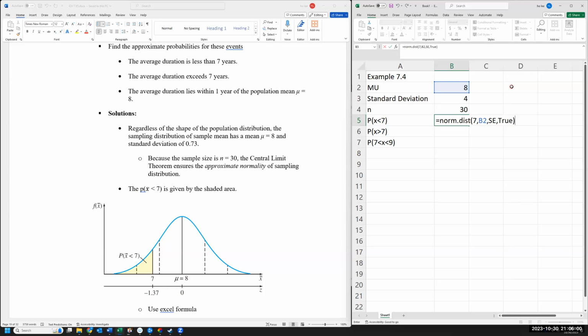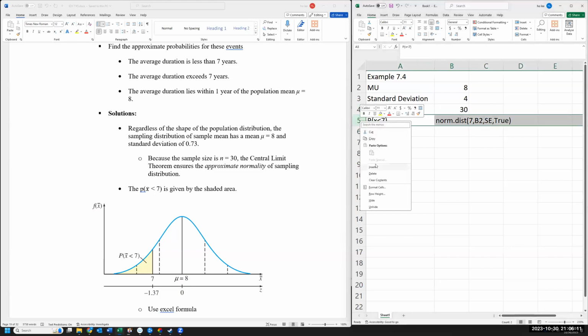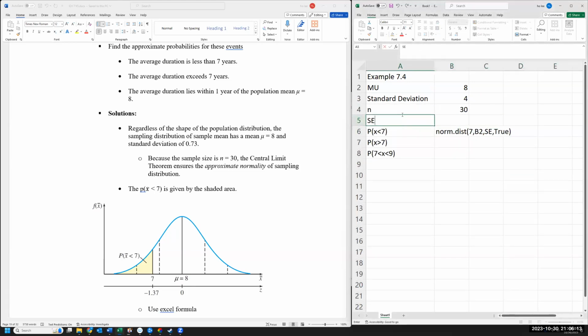But we haven't even figured out the standard error, so we can't do this yet. So let's do that first. I forgot to do that. Let's scroll this down. Standard error is the standard deviation divided by the square root of the sample size.